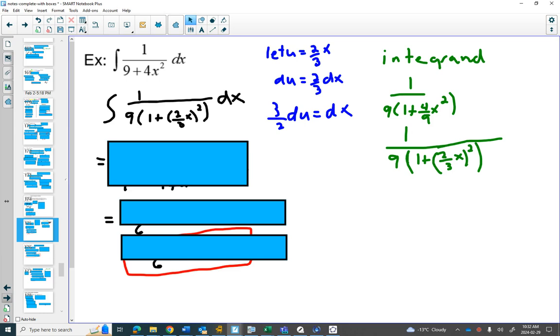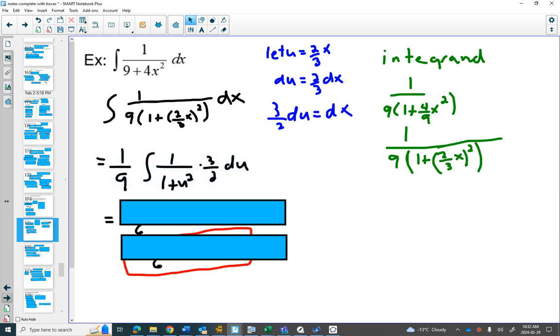So we'll do substitution, not because we have to, but just because it makes our life easier. So now we can replace the 2/3 x with u, and we have to replace the dx with 3/2 du.